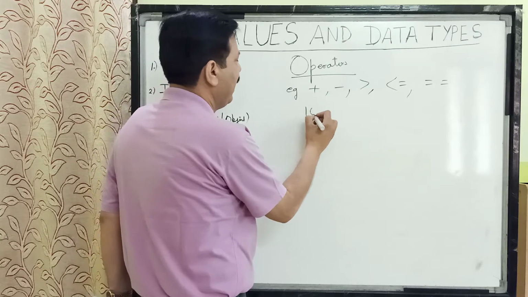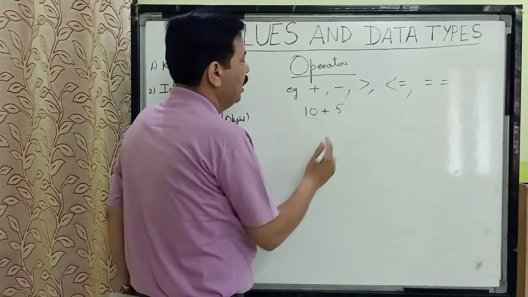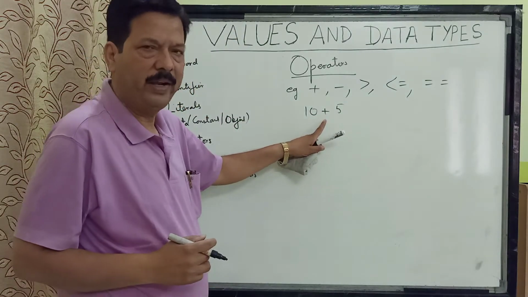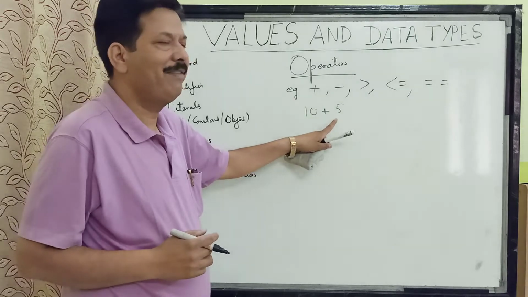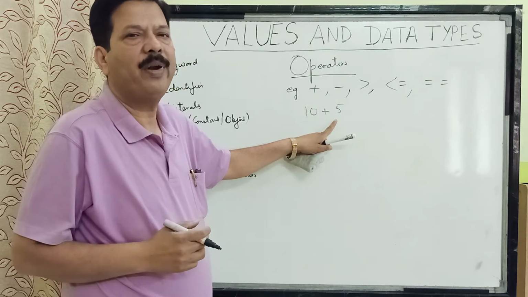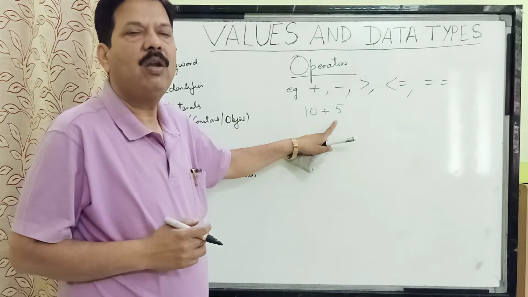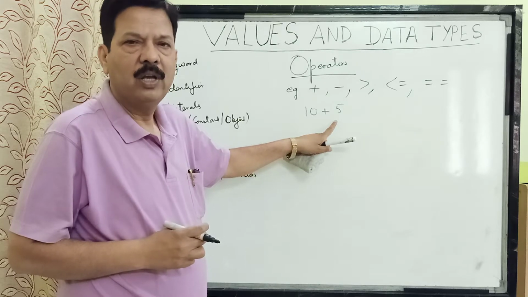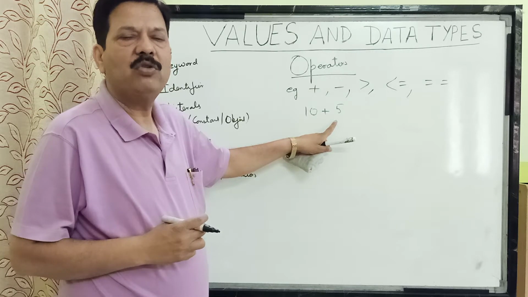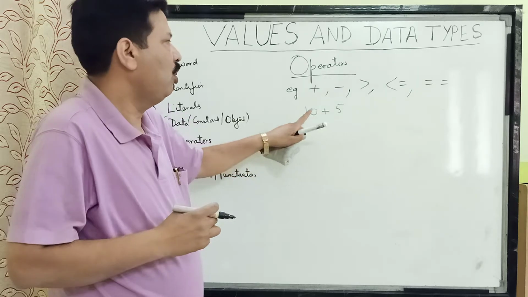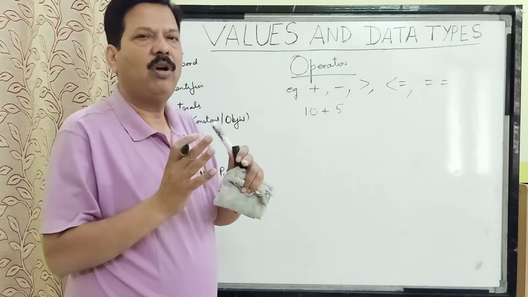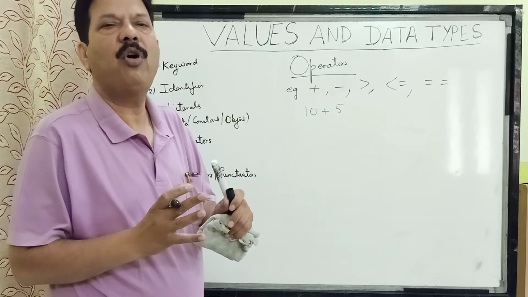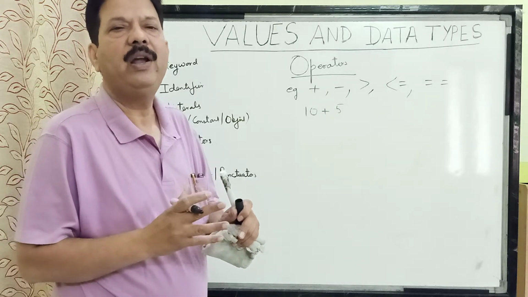Say if I say 10 plus 5, then over here plus is an operator and 10 and 5 are the operands. So operands are those values on which the operator works.